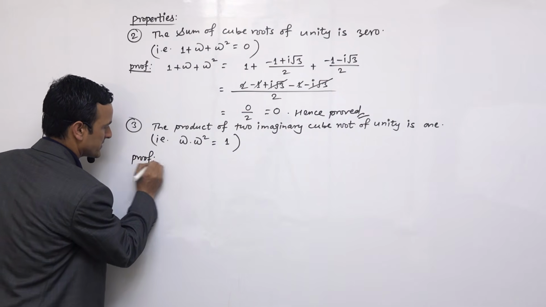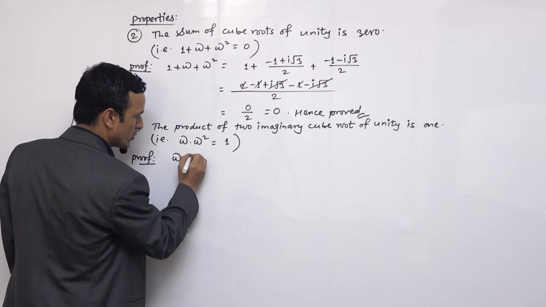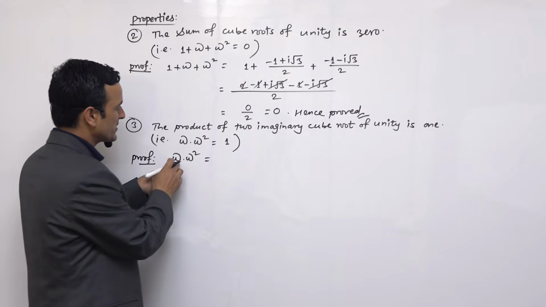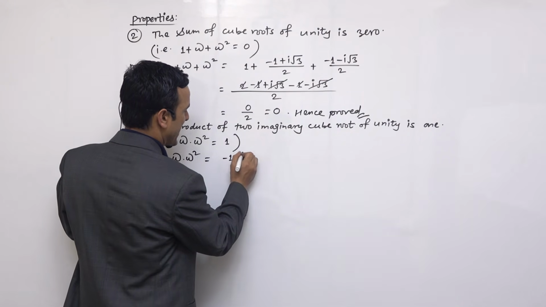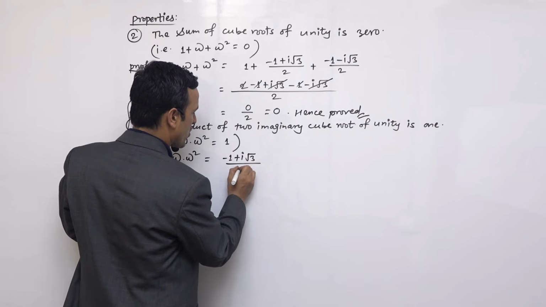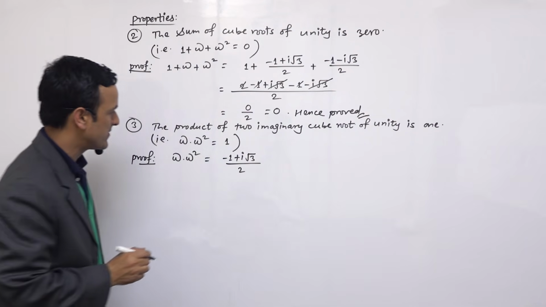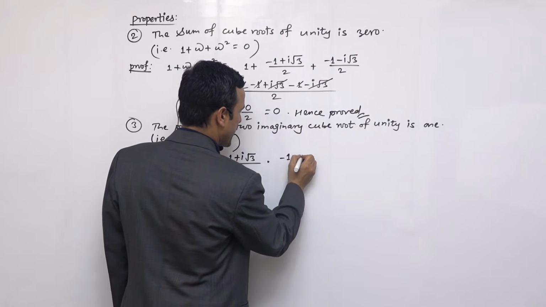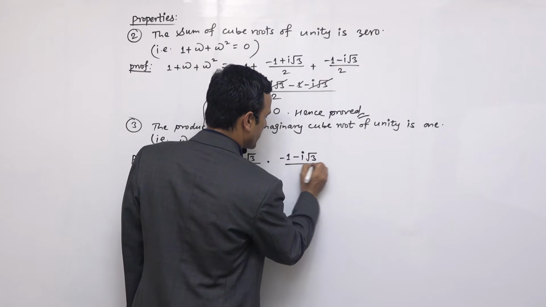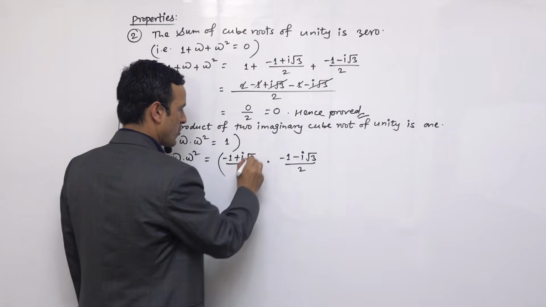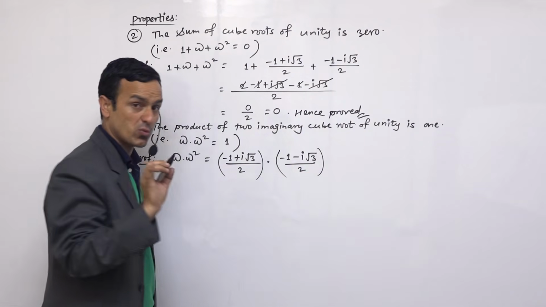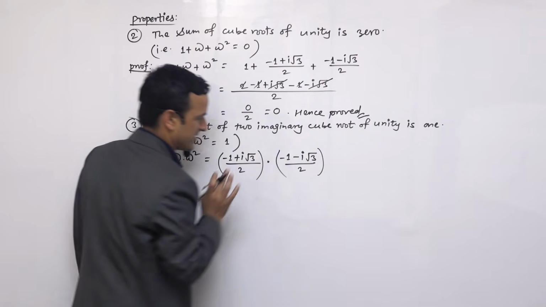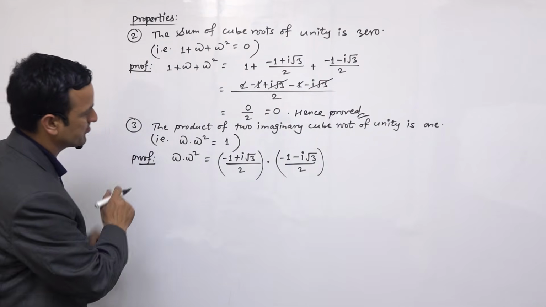Look at it once. Omega into omega square. Starting from the LHS, now substituting the value of omega, which is (-1 plus i root 3) divided by 2, into omega square, which means (-1 minus i root 3) divided by 2. This is omega and this is omega square. The only difference is in plus and minus; the remaining terms are the same.